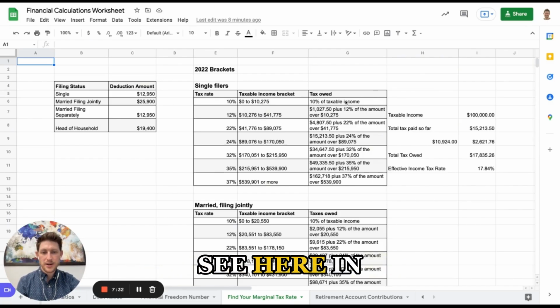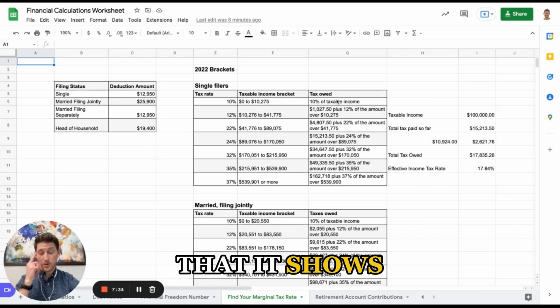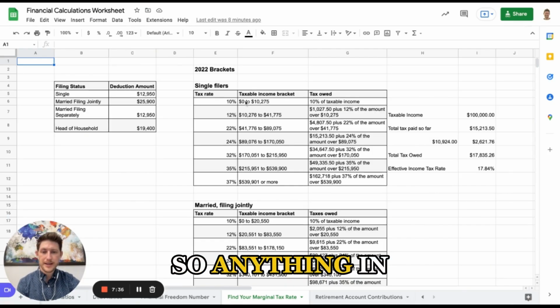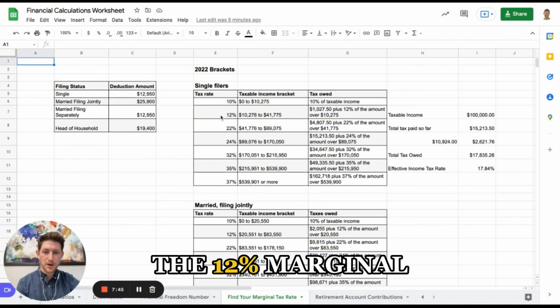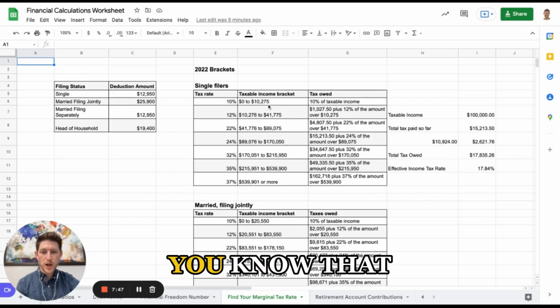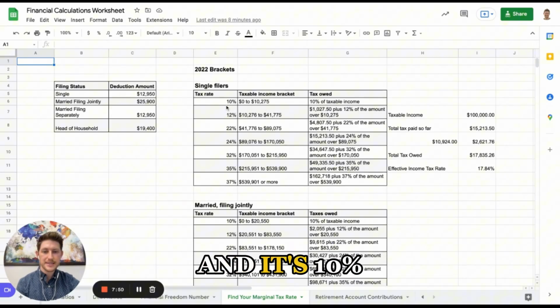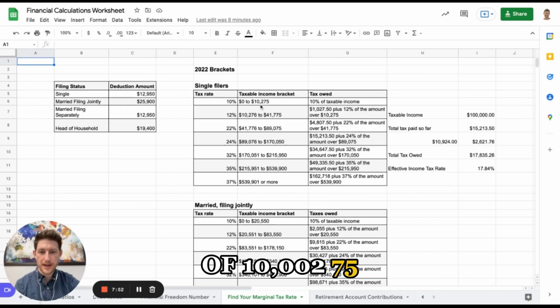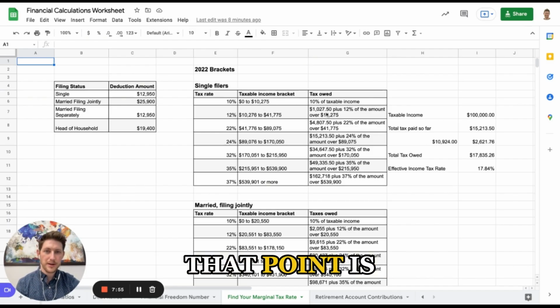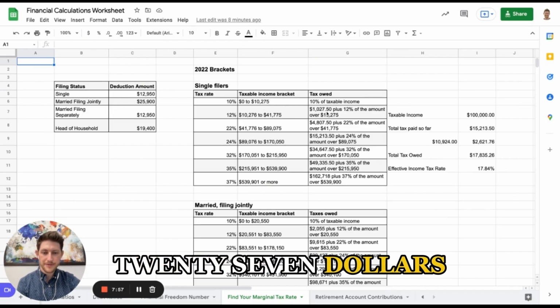So you can see here in this little column that it shows how much you actually owe. Anything in this range, you multiply by 10%, and that's how much you owe. If you're in the 12% marginal bracket, you know that you've already reached this, and it's 10% of $10,275, so your total tax up to that point is $1,027.50.